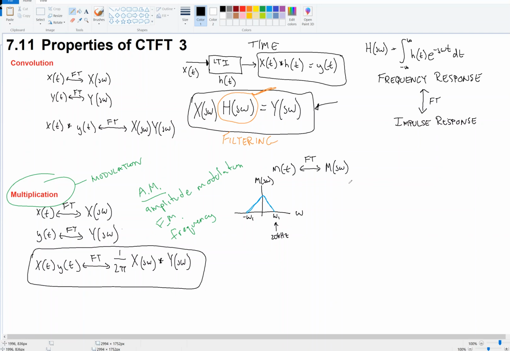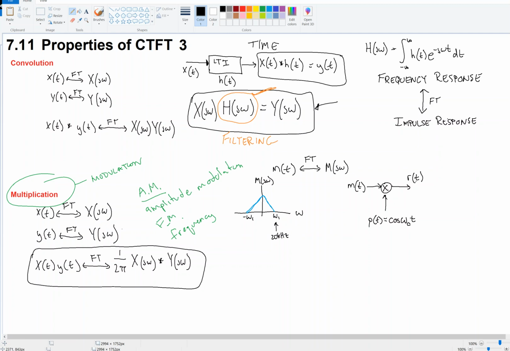So the scheme here is to take m of t and multiply it by, we'll call it p of t, which is going to be a cosine of omega c t, and the c is not cut off. The c stands for carrier frequency here, and then I'm going to call the output r of t.